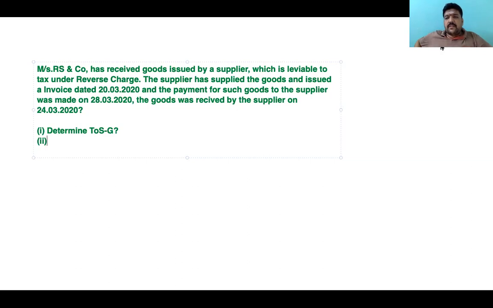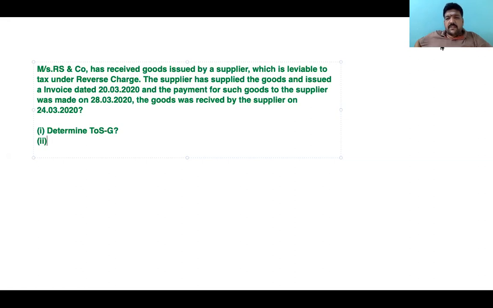Sai Subramaniam, answer is through. Pavitra, covered on. Good.